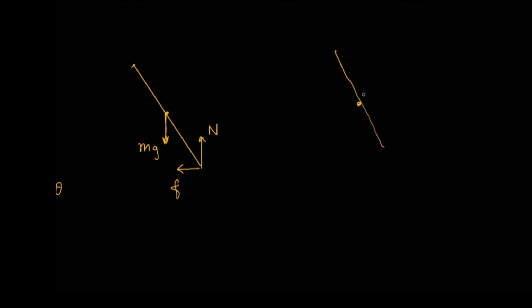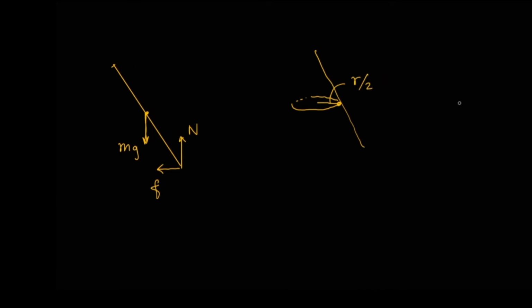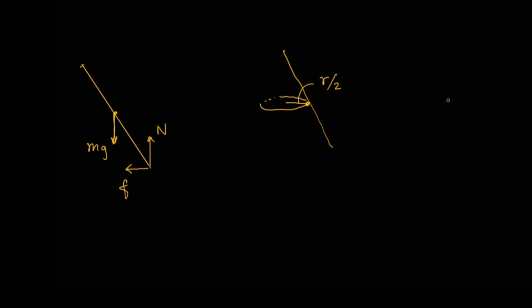The center of the rod, that is the center of mass, rotates along a circle of radius r by 2. So if we write the equation for the center of mass, it's a particle of mass m, the mass of the rod. All forces acting on the rod will be transferred to the center of mass. So N, F and mg, all forces will get transferred to it. This is the force diagram, and its acceleration is towards the center, omega square into radius r by 2.